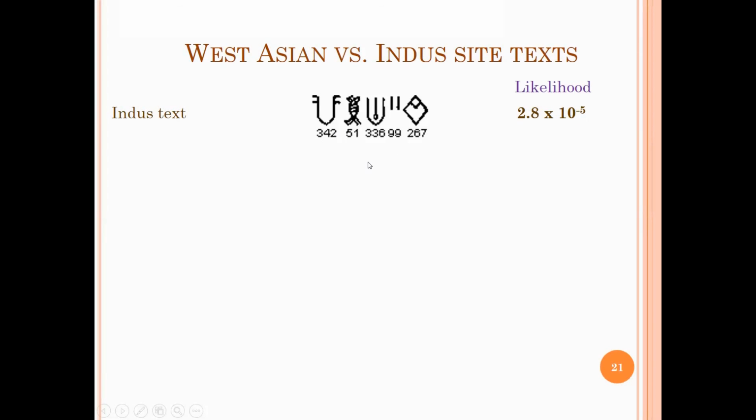Now if we just alter the sequence, so if we bring this sign 342 at the beginning, and this 267 here, we find that the likelihood of this text being generated by the model which we have trained on the data drops to about 0.